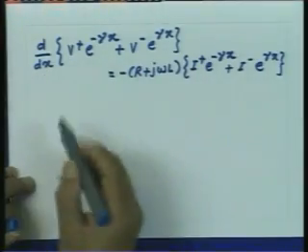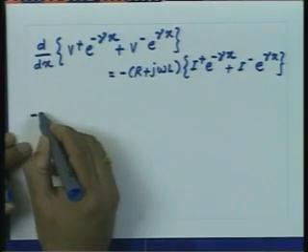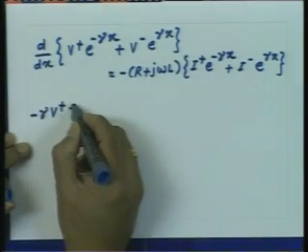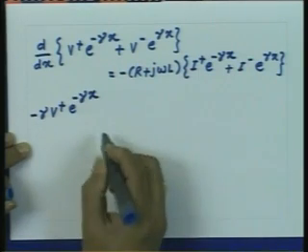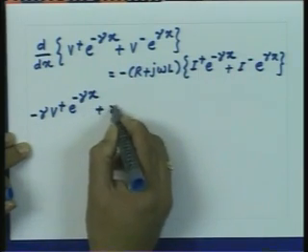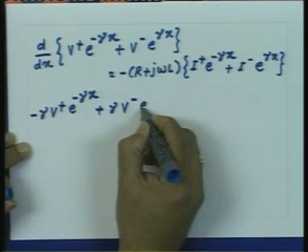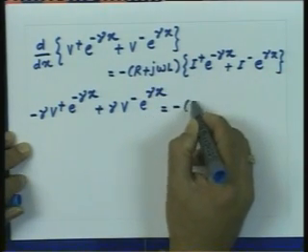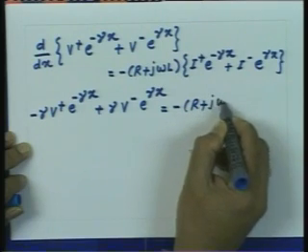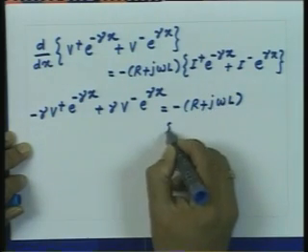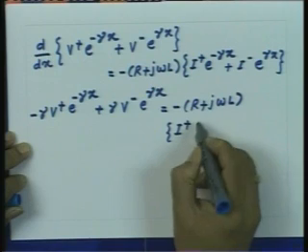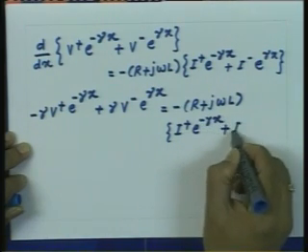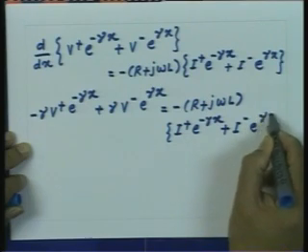Differentiating these two terms, I get minus gamma V plus e to the power minus gamma x plus gamma V minus e to the power gamma x, that is equal to minus (r plus j omega L) into I plus e to the power minus gamma x plus I minus e to the power gamma x.